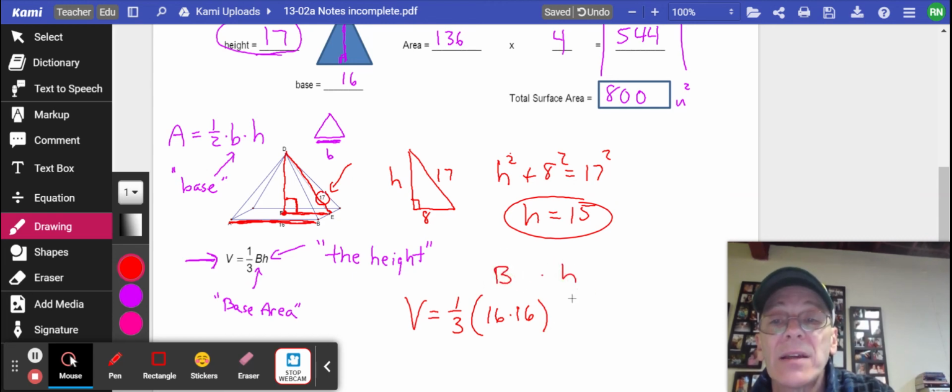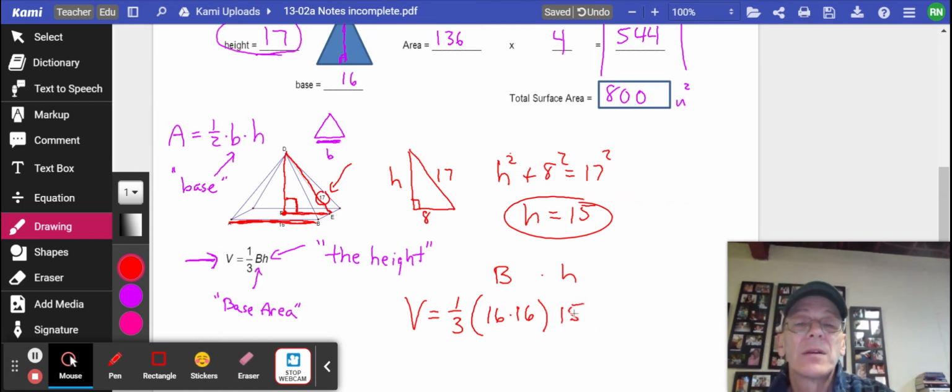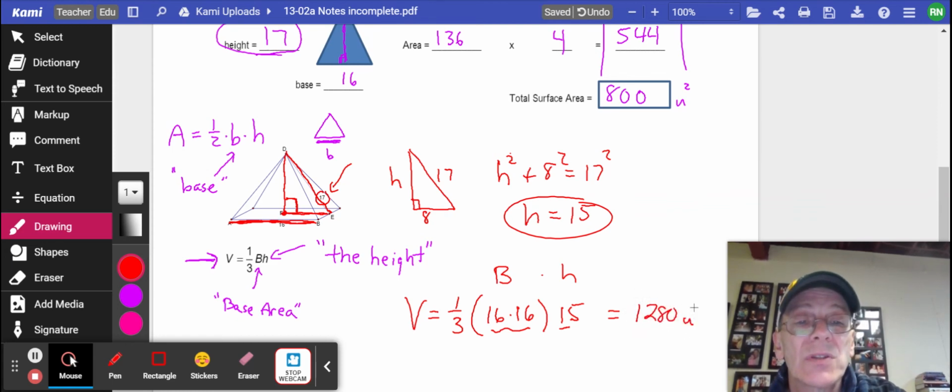And then your height, we found out, is 15. Okay? So I've got to do this arithmetic in my head because I didn't work it out ahead of time. This is 256. 1/3 times 15 is 5. 256 times 5 is 1,280 units cubed. It's volume, cubic units. Okay?